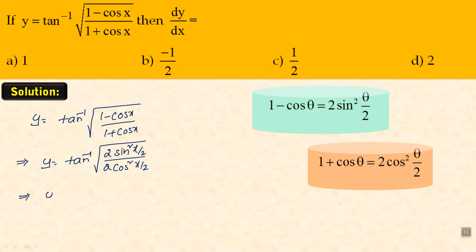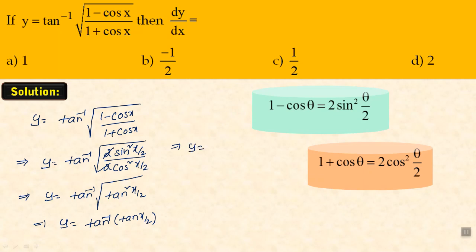This implies y is equals to tan inverse of square root of, here 2 get cancelled, sin square x by 2 by cos square x by 2, which is equals to tan square x by 2. This implies y is equals to tan inverse of, here square and root cancel, tan x by 2. That implies y is equals to tan inverse of tan x by 2, which is x by 2.